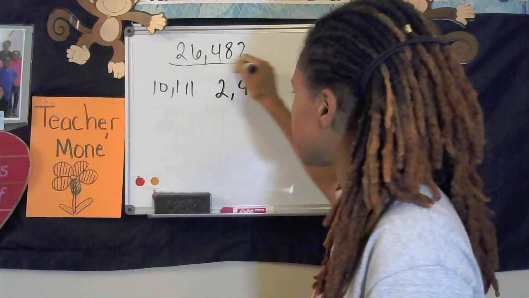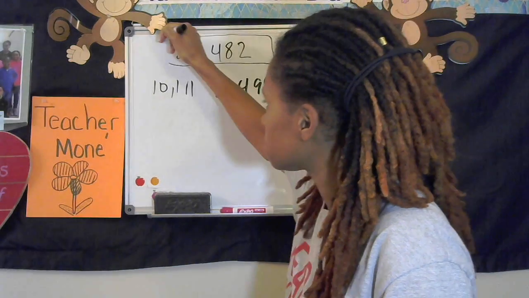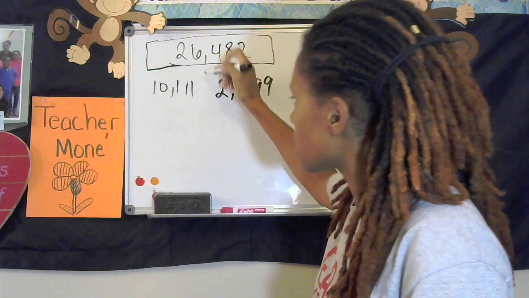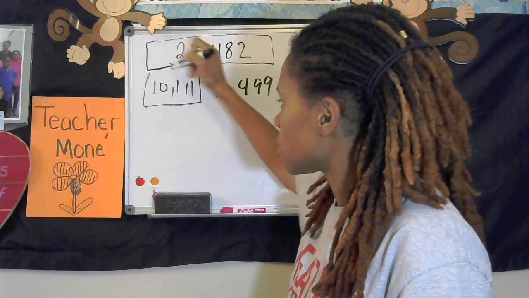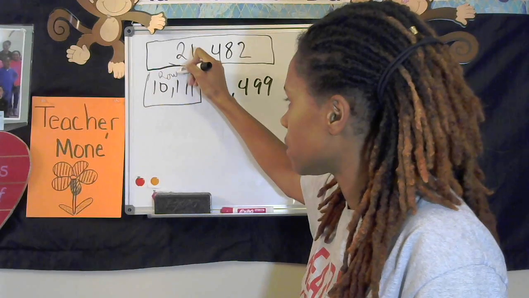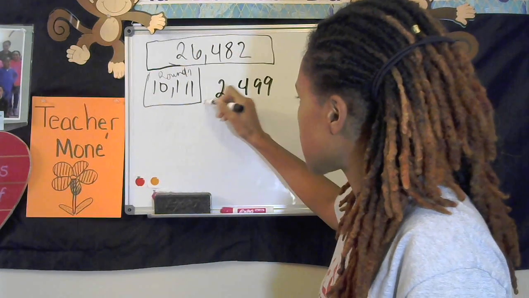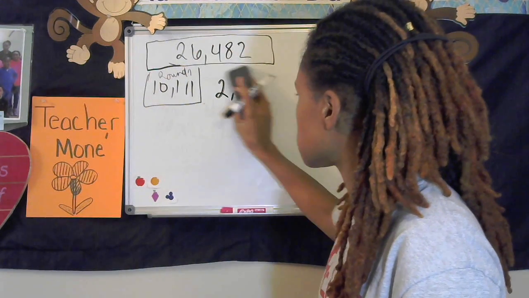So here we have our whole. We have one part. So this is the first round of people who came in. Here is the second round of people. And let me make this smaller.